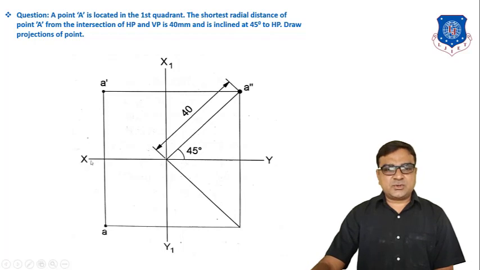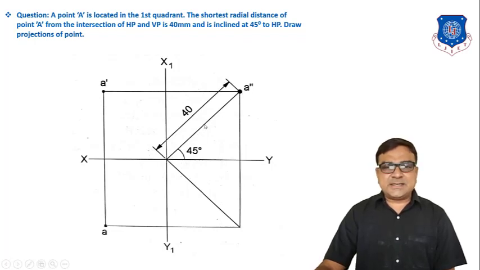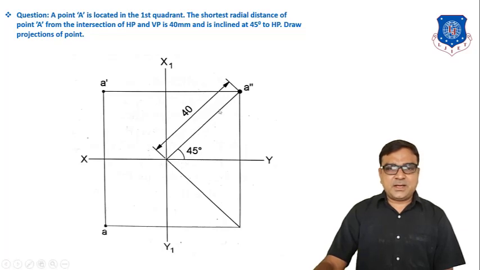First of all, you have to draw one line XY and draw a perpendicular to XY, X1Y1. By the intersection of these two lines, there is one point here. From this point, the line to the side view is known as the shortest radial distance. It is given as 40 mm. So take a 40 mm line, and the shortest radial distance line is inclined 45 degrees to HP.